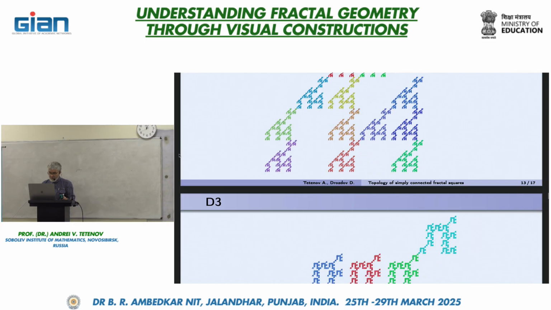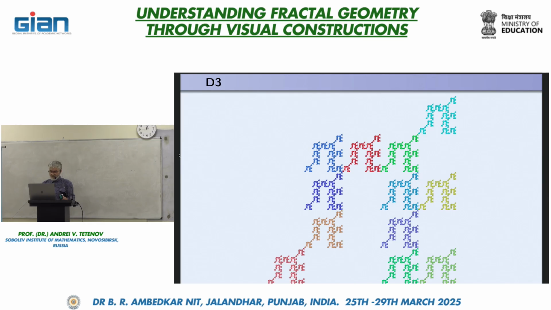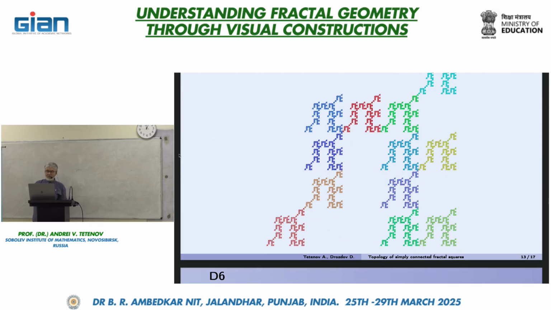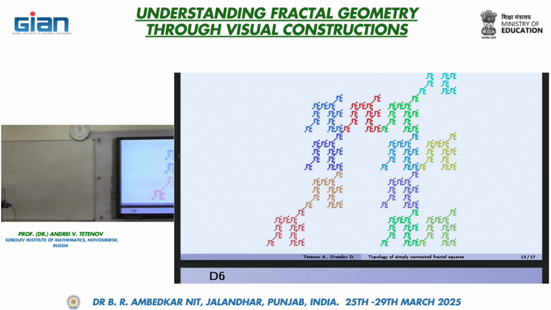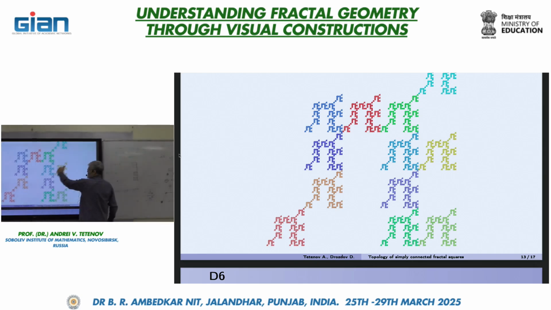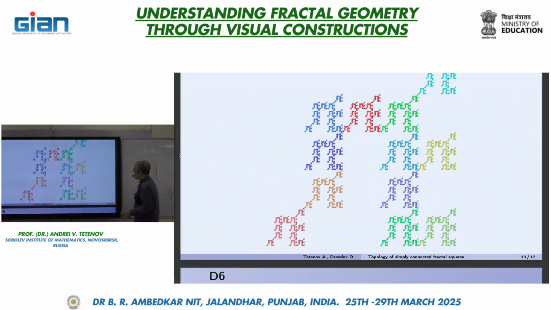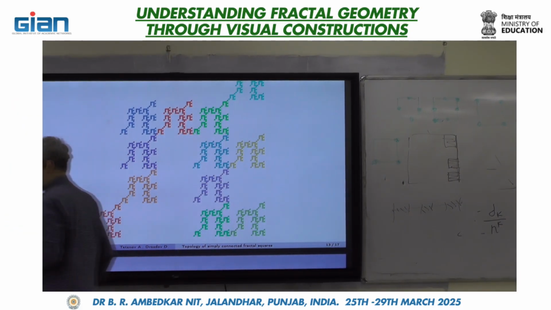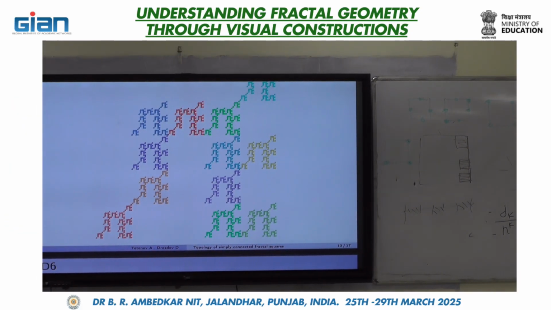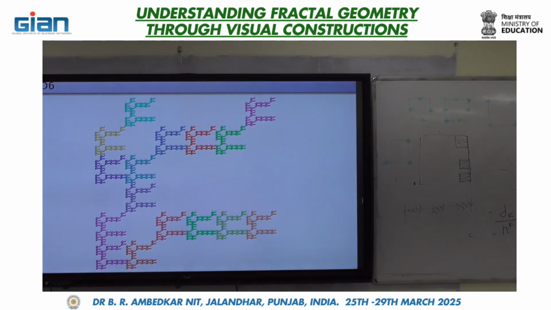Therefore, this fractal square is a dendrite. And this is a fractal square of type D3. When 2 squares can intersect on a vertical line, 2 squares can intersect on a horizontal line, and also they can intersect on a diagonal.